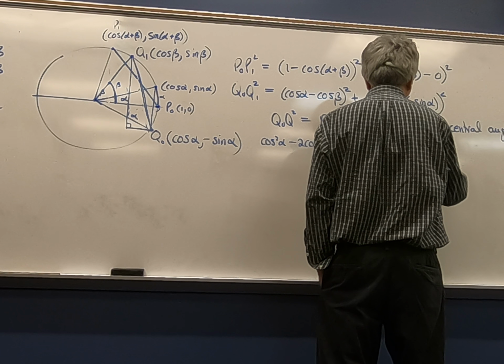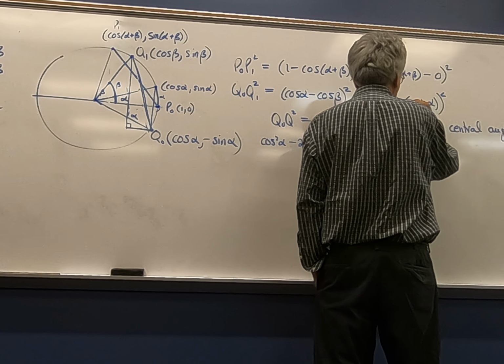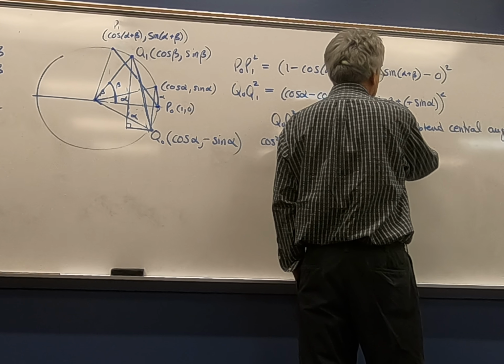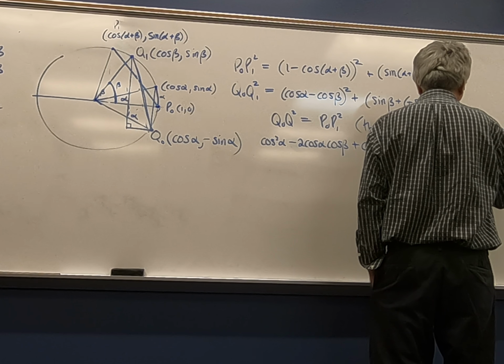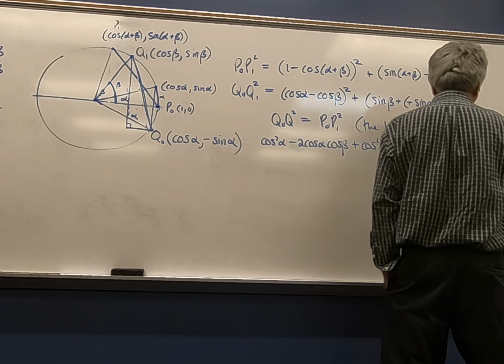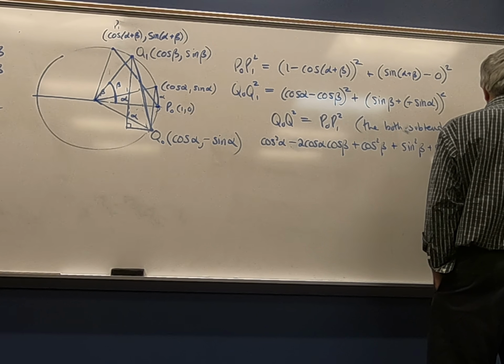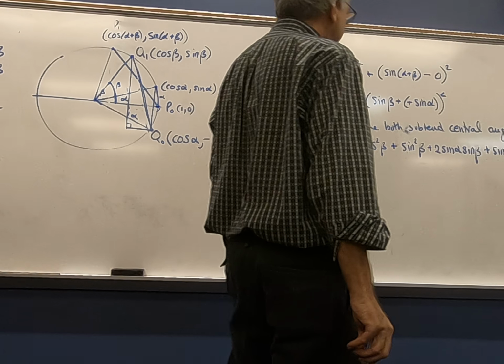Sine squared beta. Now these cancel out, right? So it's going to be a sum. And so that's going to be plus 2 sine alpha sine beta. Oh, there's that product. And then plus sine squared beta.